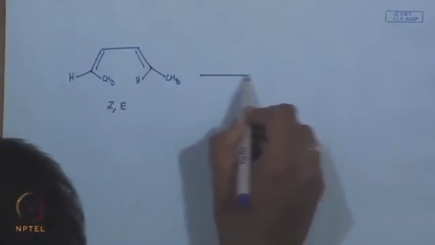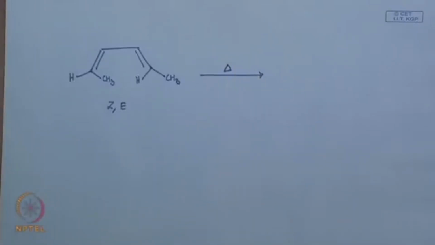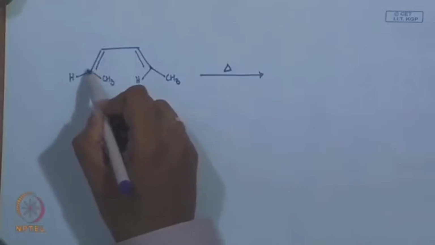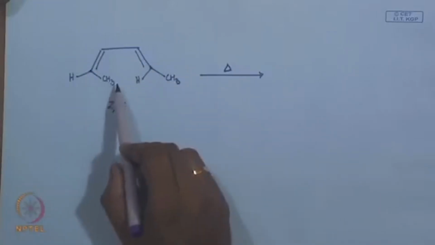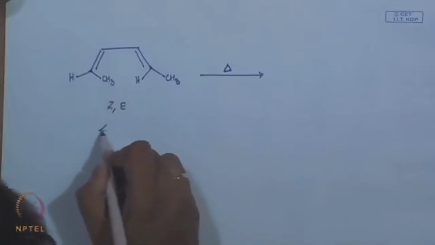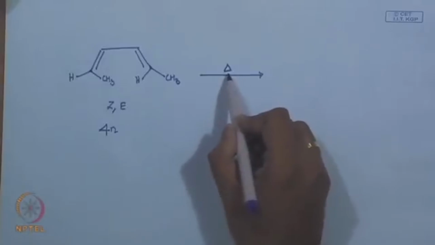Okay, so this is on heating. First, when you are starting, the first thing you have to learn is to figure out what it is. It is a 4n or 4n plus 2? It is a 4n system, that you first figure out. I have given you heating.